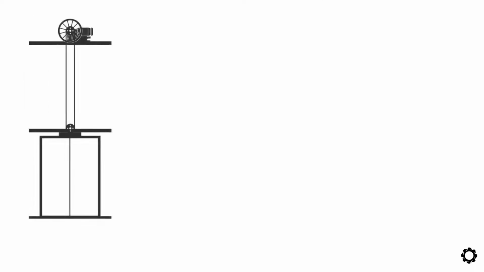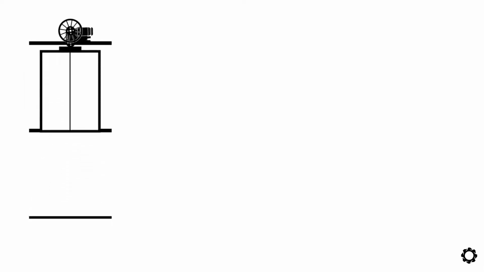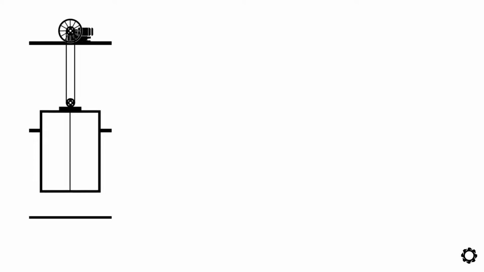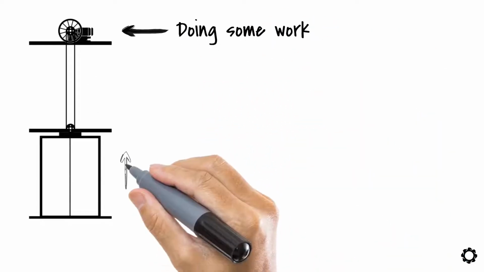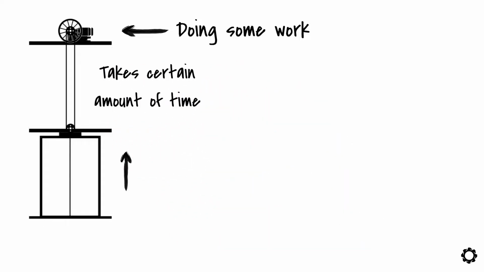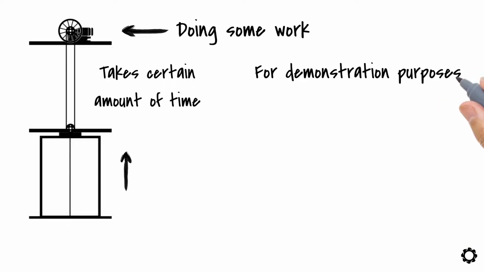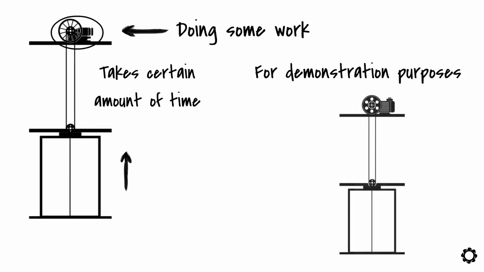Think about the scenario in which we have an elevator that is lifted by an ordinary electric motor. As you can imagine, the electric motor is doing some work to lift this elevator up, which also takes a certain amount of time. Now, for demonstration purposes, let's change the ordinary motor with a very modern, nice-looking electric motor.